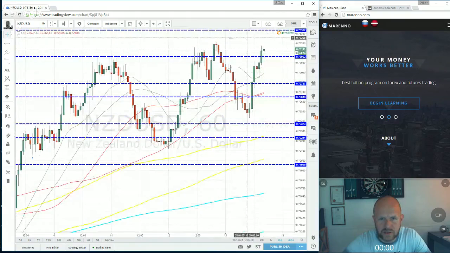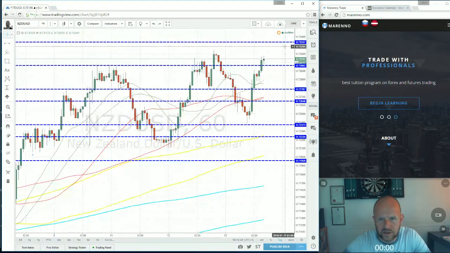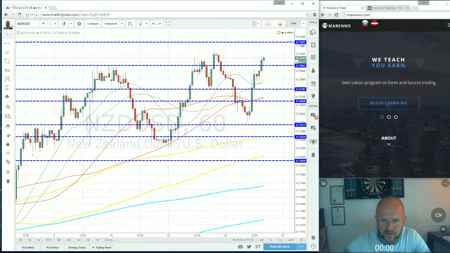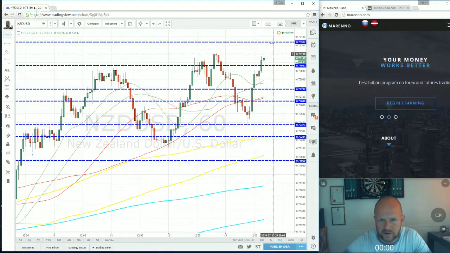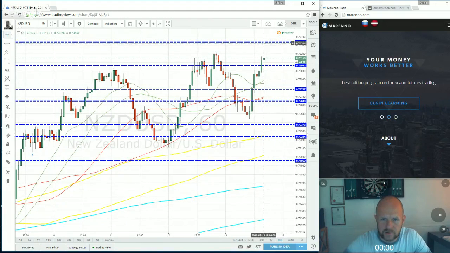New Zealand, again, I want to sell it. Waiting till this level is reached, 0.7337. We'll wait for a reversal pattern around there, and we'll try to catch it with a limit order.